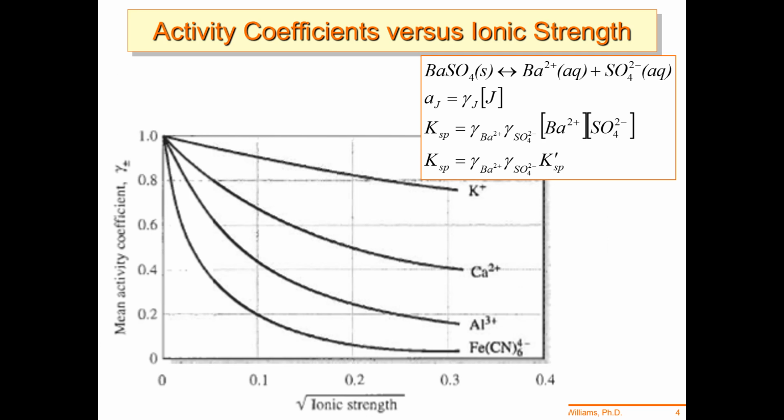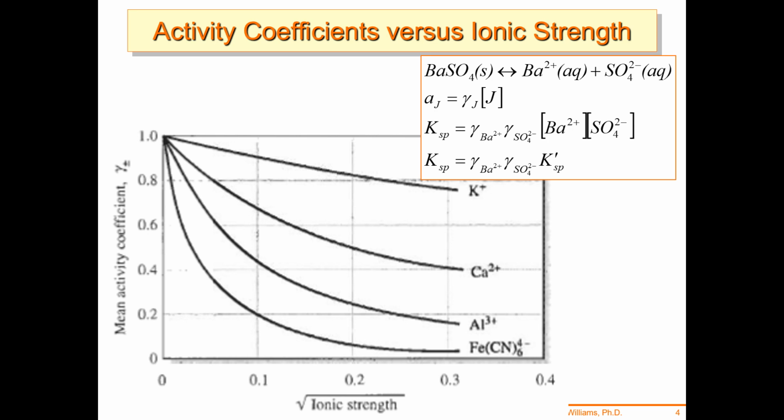These activity coefficients are related to the square root of that ionic strength. And so here are some activity coefficients for various species in solution. For potassium, it doesn't drop very much. It goes down to 0.8.